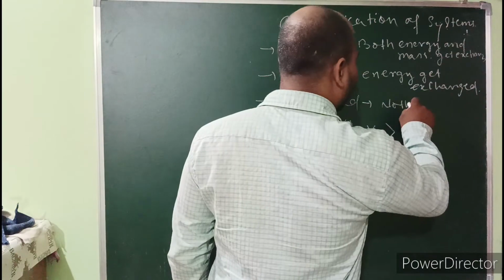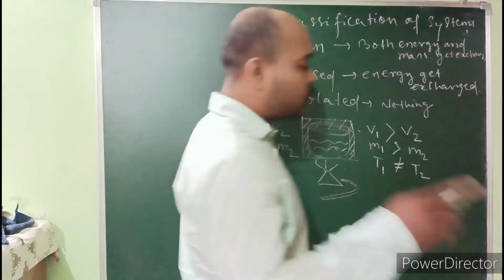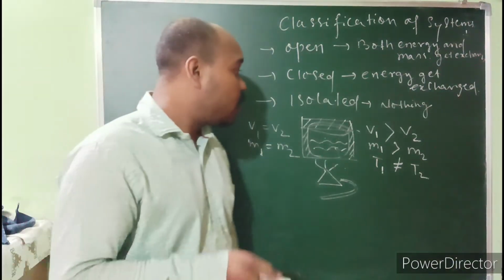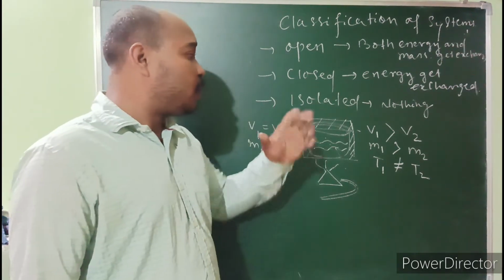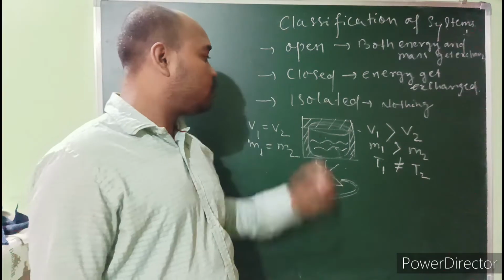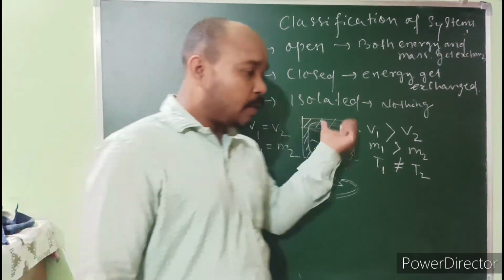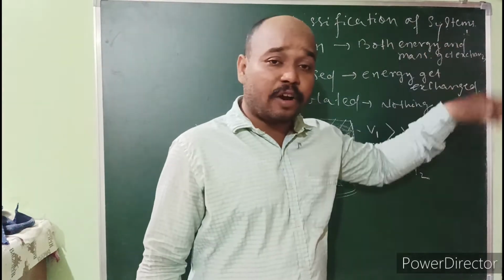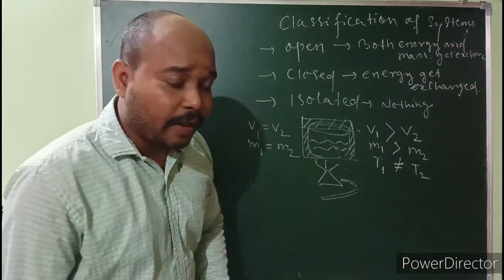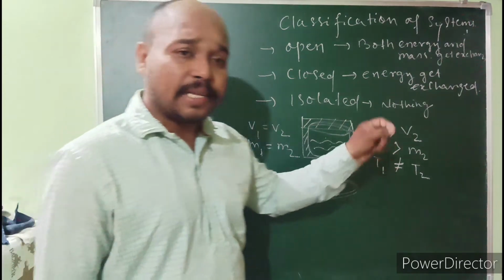Nothing can be exchanged. The system in which both energy and mass cannot be exchanged with surrounding is called isolated system.